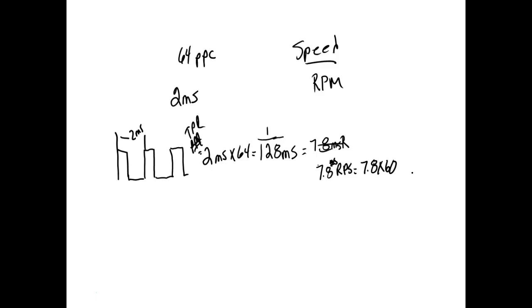What are we doing? No, it's not screaming. 468 revolutions per minute. So what we just did is we had to go through two transfer functions, right? Because we had to go from time to speed, and we came up with revolutions per second, and then we multiplied that by 60 to get revolutions per minute.